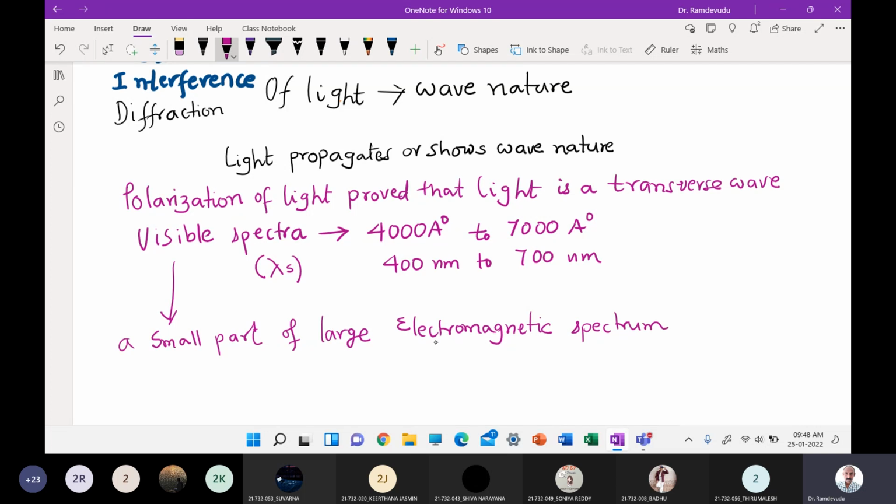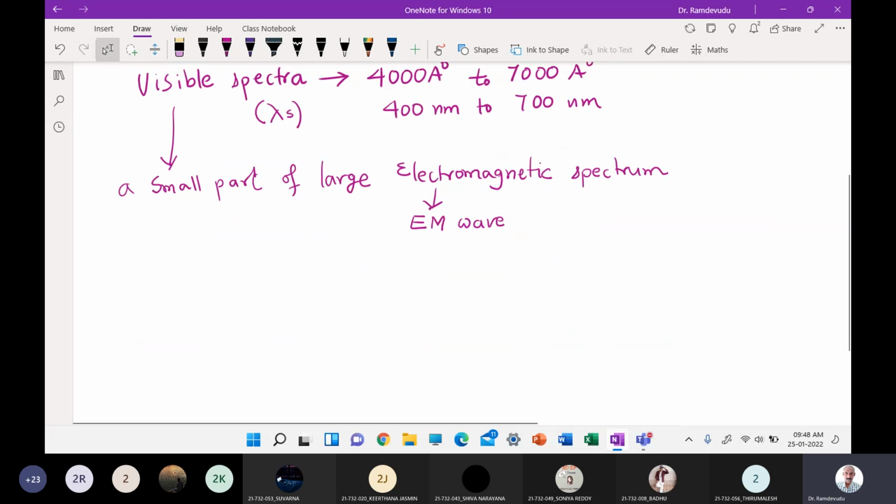This is generally known as EM spectra or EM waves. So ordinary light, whatever is visible, is part of EM waves. Light is an EM wave.